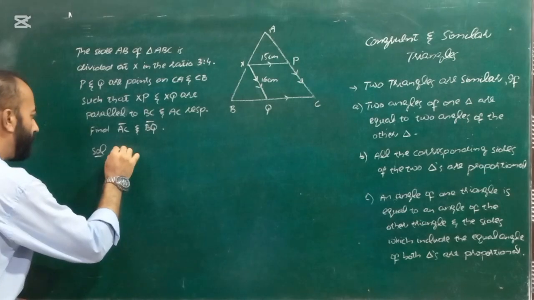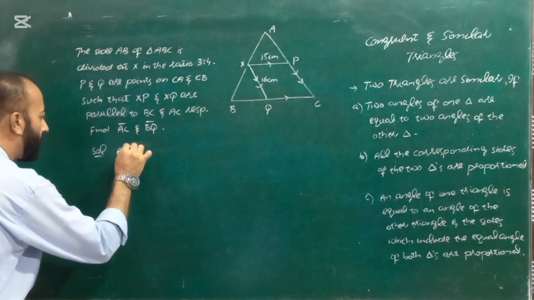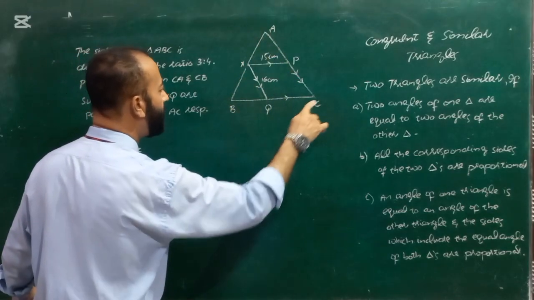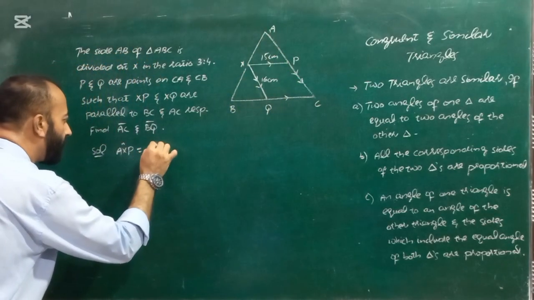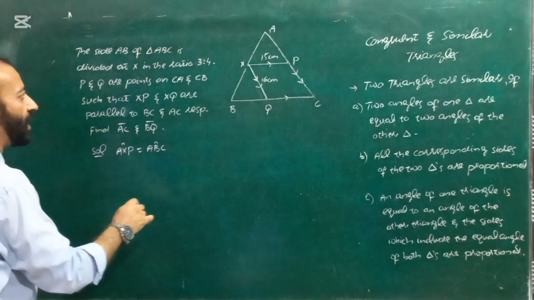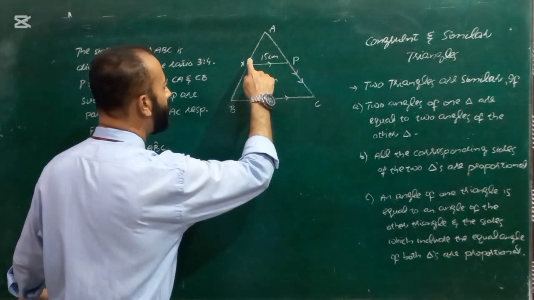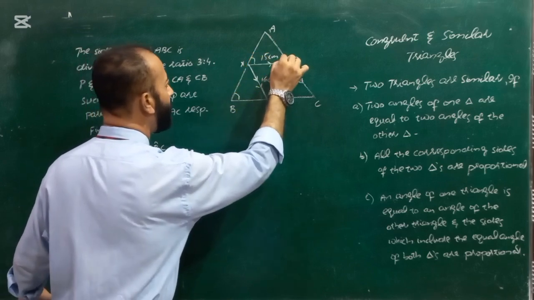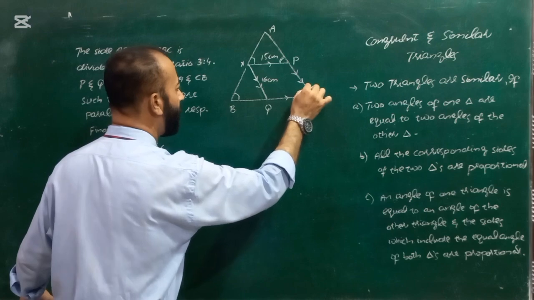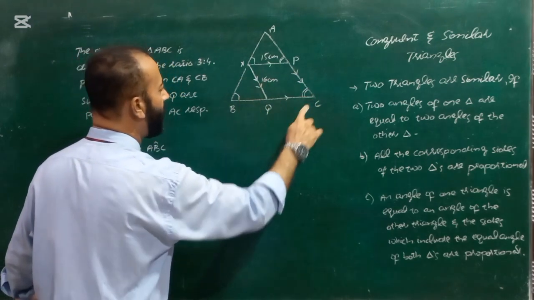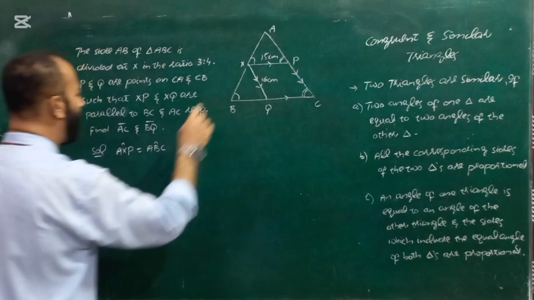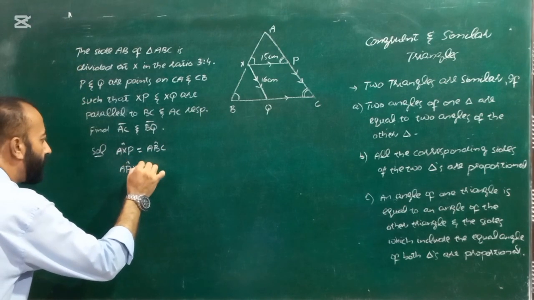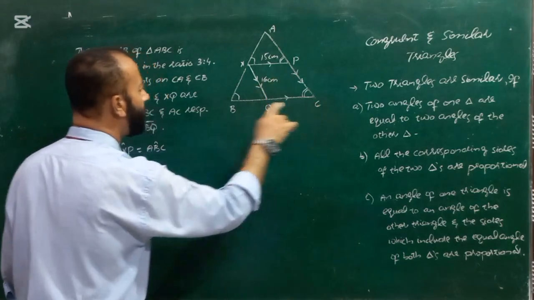Angle AXP will be equal to angle ABC, because these sides are parallel, so these will be corresponding angles. This and this will be corresponding angles, and this will be corresponding angle as well, because these two sides are parallel. Likewise, APX is equal to ACB.